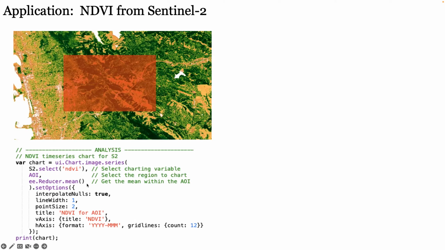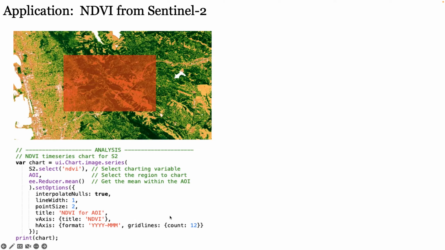As opposed to the reducer from before, we're not creating a central value from the vertical stacks. So think about it as creating it horizontally to get whatever the statistics is within this polygon for each of the scenes.